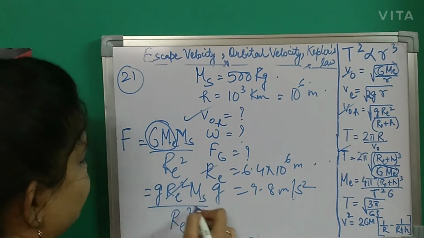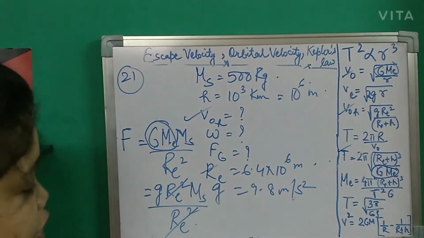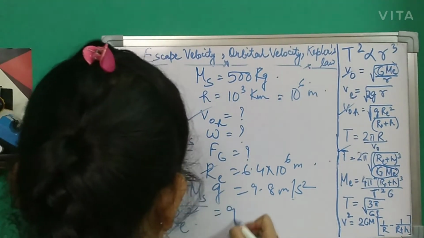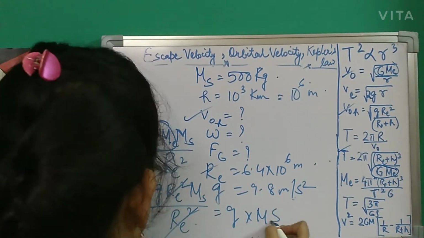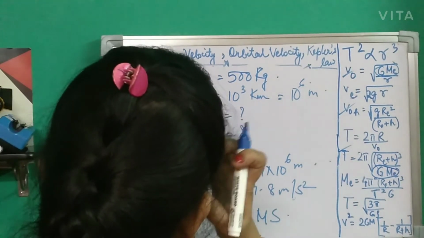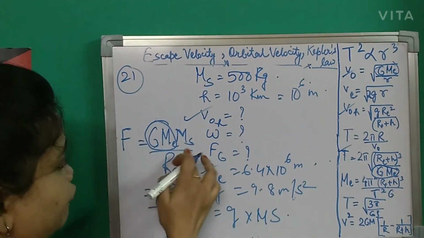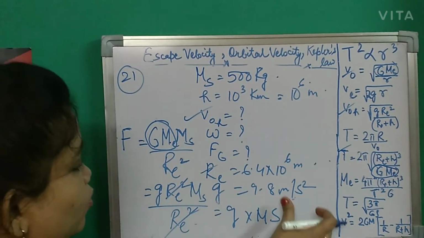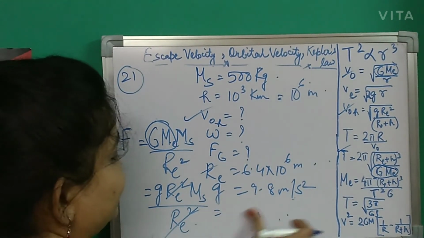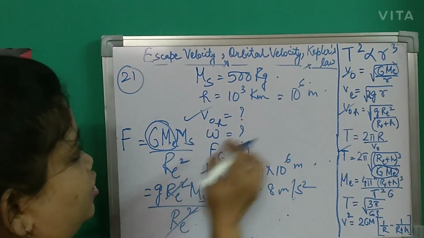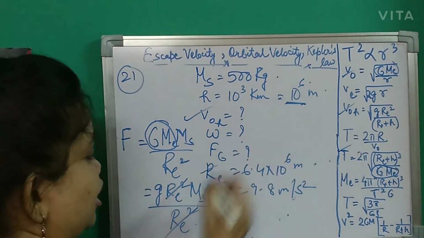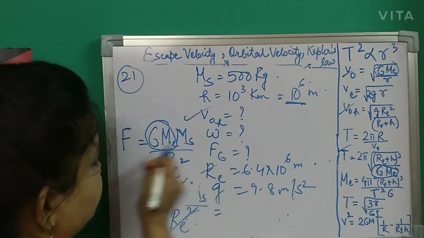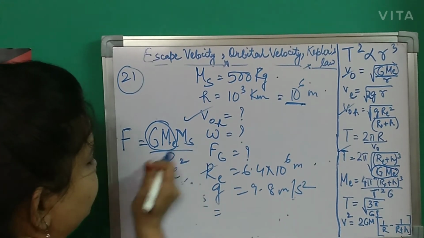RE square gets cancelled and you are just left with g into MS. This is the formula of the gravitational force. But here one thing you have to remember, students: the satellite is kept at a height h, so h is involved over here. So instead of this, we are not going to use this formula.